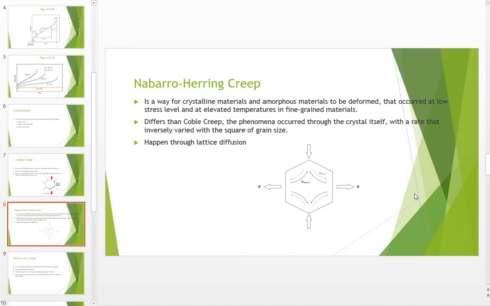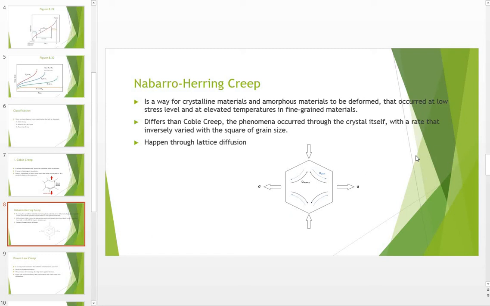And we move to the second classification, which is the Nabarro-Herring creep. Nabarro-Herring creep is also a mechanism for crystalline materials and amorphous materials to deform. It occurs at low stresses and elevated temperatures.